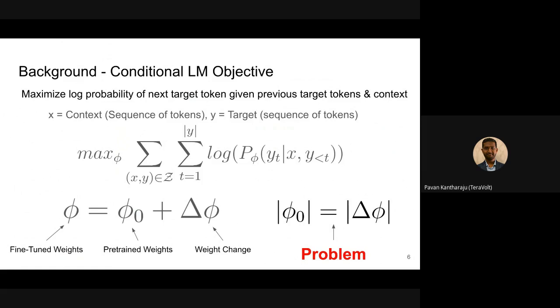So if you were to fine-tune your model, you'd have to essentially hold that weight change, which if you're tuning GPT-3, would be 175 billion parameters. So what they want to do is take this weight change delta and decompose it into 2 matrices that are much, much smaller. And that's essentially what LoRA does.